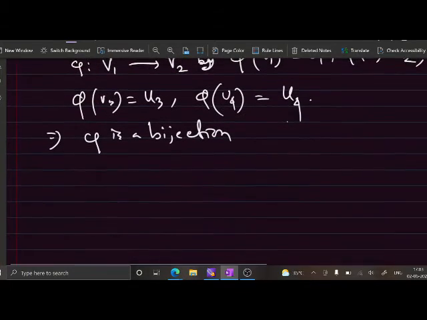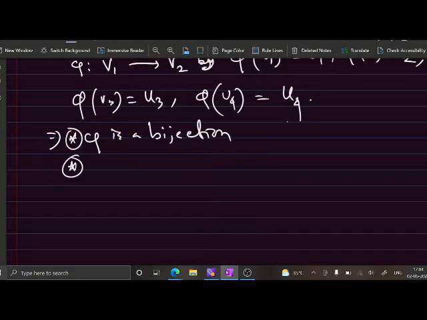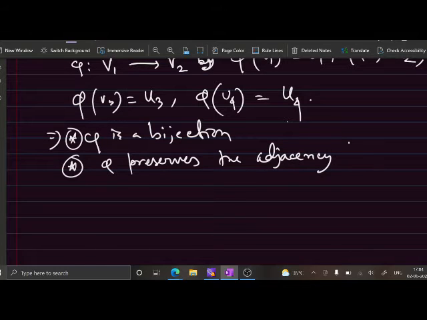So you see that firstly this is true, and secondly phi preserves the adjacency between adjacent vertices.